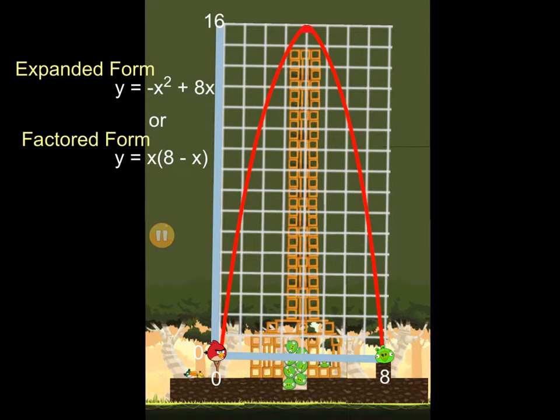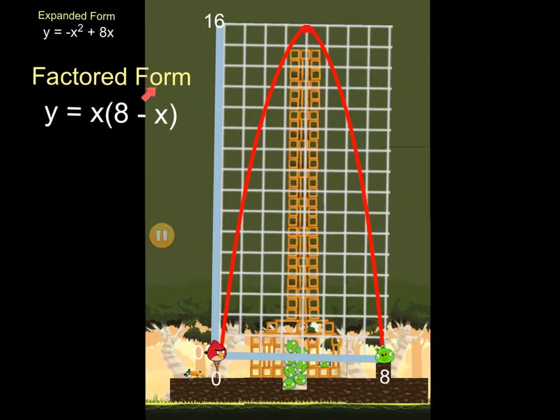That can be your little indicator. The way that I remember the difference between expanded form and factored form is that the expanded form has the exponent. The factored form has little parentheses acting as fences. Fences start with F, and so does factored.